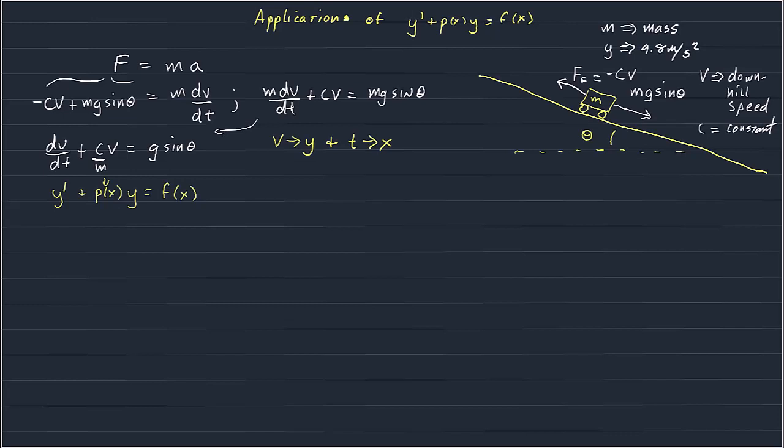I'm calling this a forcing function because it's the force that drives any motion, in this case v. So I'm writing this in the general form, so we can solve it using the method that we discussed. Okay, so let's solve our equation of motion, and therefore solve how v depends on t.